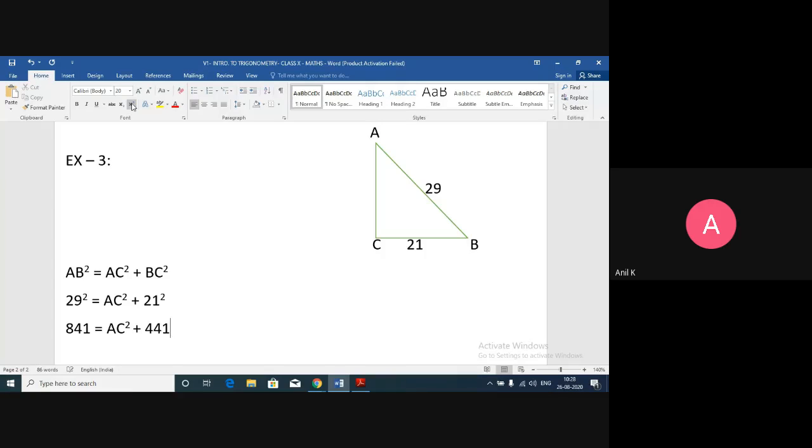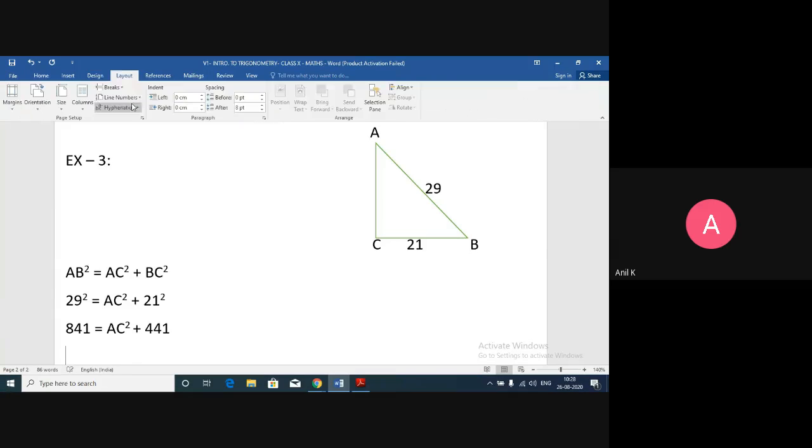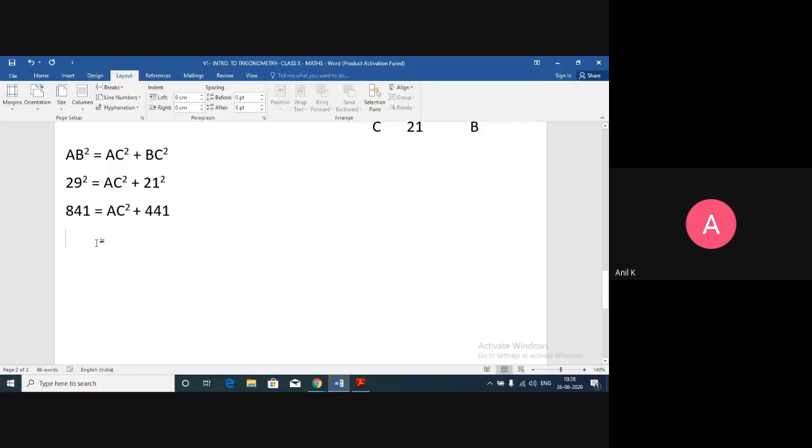Next step, I can bring 441 to the right hand side. 841 minus 441 is equal to AC square.